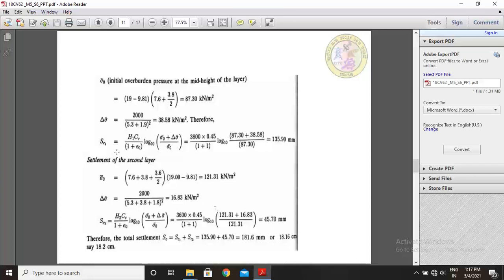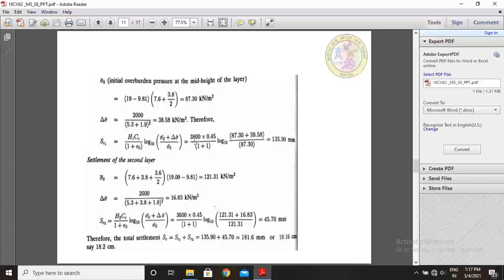Therefore, consolidation settlement is given by the basic equation: H Cc by (1 plus e naught) log base 10 of (sigma naught plus delta sigma) divided by sigma naught. So that equation is given here. Now substitute the values here.